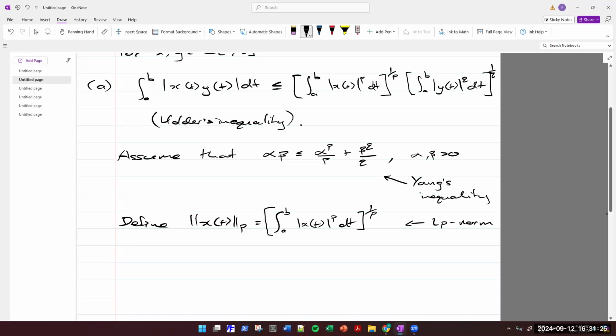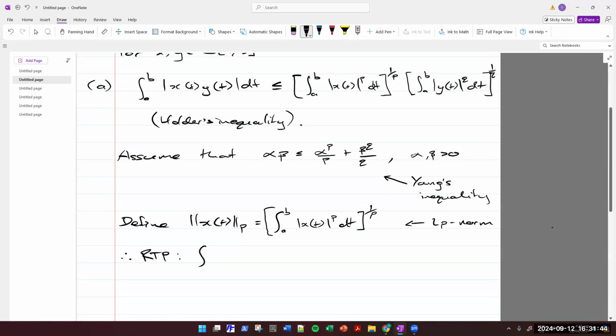We're not going to use any property that it's a norm in this proof. So we're just going to define it like that and leave it that way. So therefore, let me rewrite now Holder's inequality using this new definition.